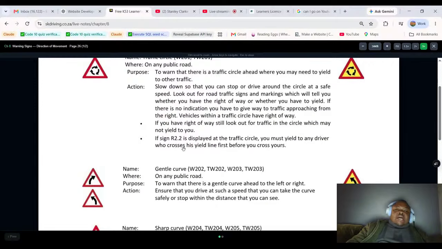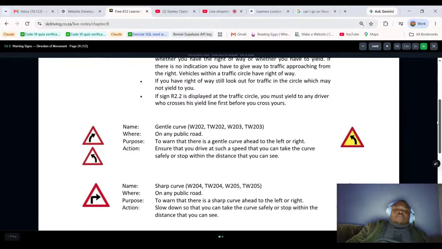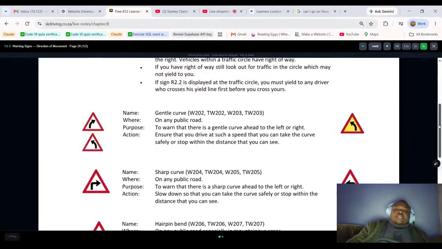If sign R2.2 is displayed at a traffic circle, you must yield to another driver who crosses the yield line before yours. That's another important thing: you yield and give right of way to vehicles that arrive there before you.